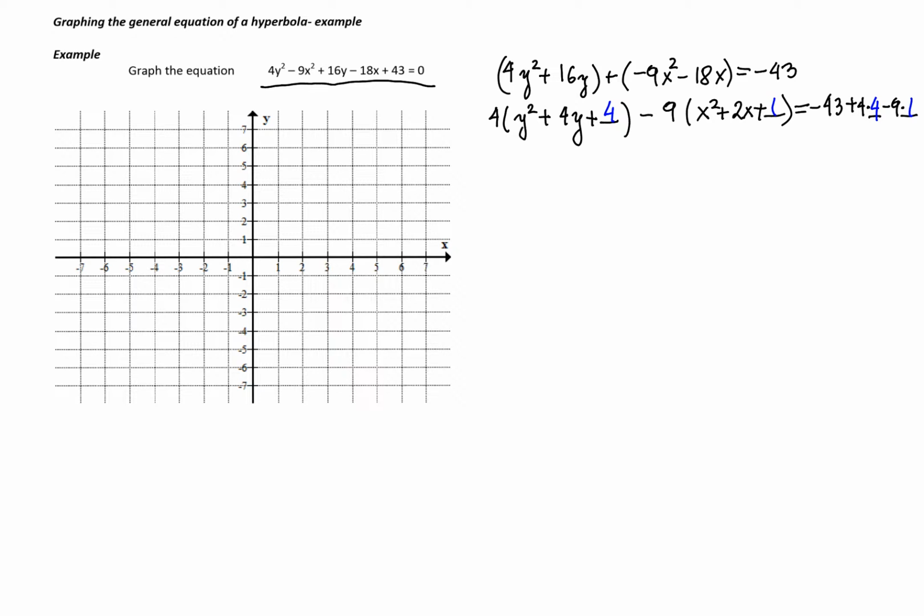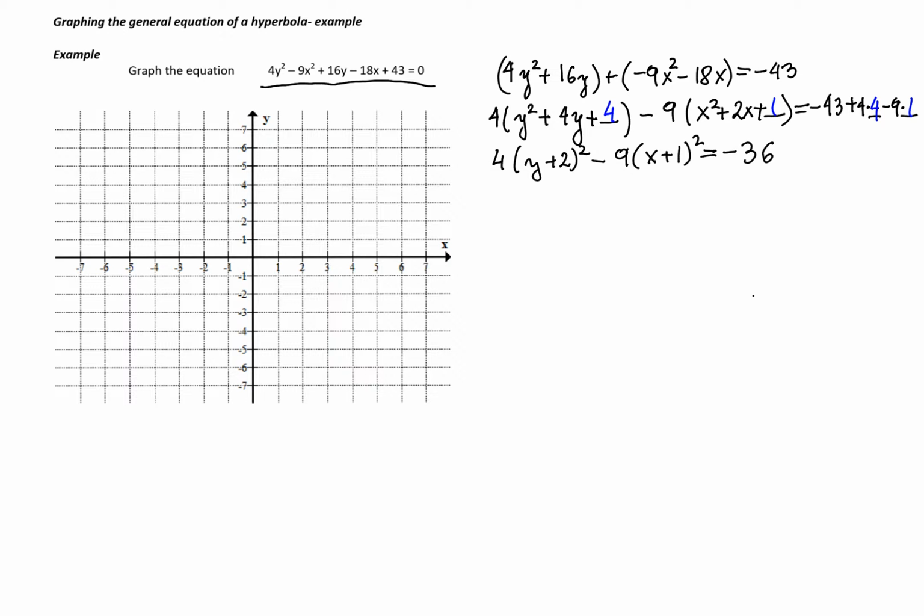And therefore, what we get is the equation now 4 times y plus 2 squared minus 9 times x plus 1 squared, and the numbers on the right hand side add up to negative 36.